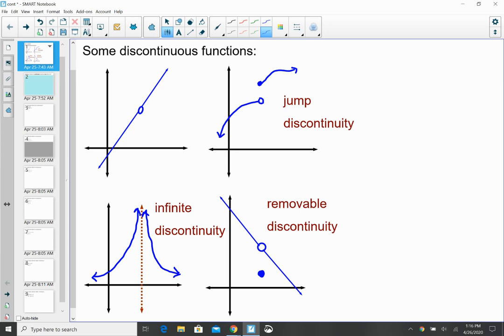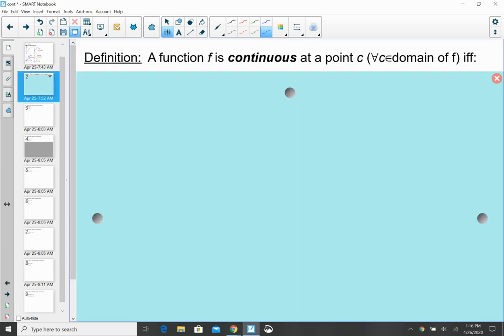A continuous function is important to us in mathematics because we can say so much about it. A whole different set of rules apply, things that we're going to get into, especially here in the calc part. So let's get to what continuity is. We have a very specific definition for a function that is continuous.